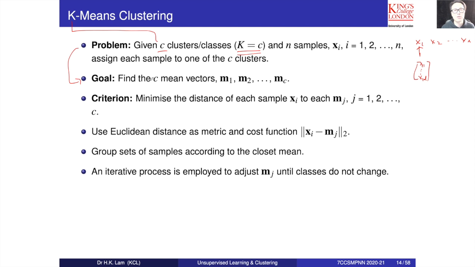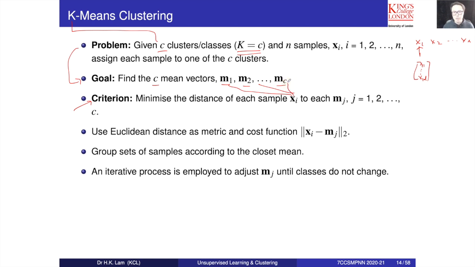We would like to find C mean vectors M1, M2 up to MC, so that these are the clustering centers. We will use these clustering centers to determine which class each sample belongs to. In order to implement this algorithm, we use this criterion: we try to minimize the distance between x and those centers.